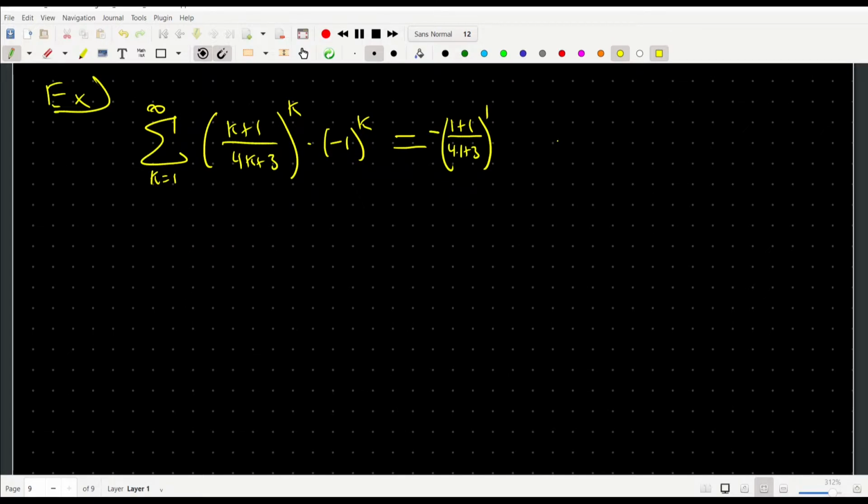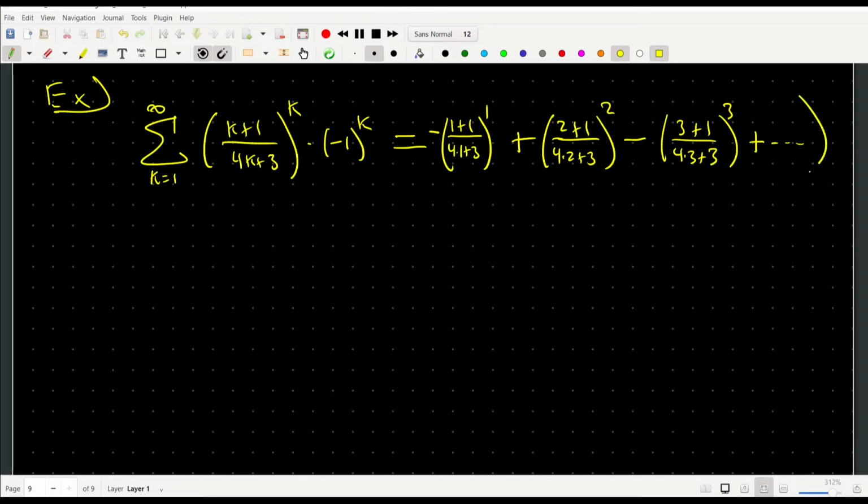So the negative 1 to the 1 is negative, and then it'll be positive (2 plus 1 over 4 times 2 plus 3) to the power 2, then minus (3 plus 1 over 4 times 3 plus 3) to the power 3, since negative 1 to the 3 is negative, and so on and so forth, all the way to infinity. That's what this series is.